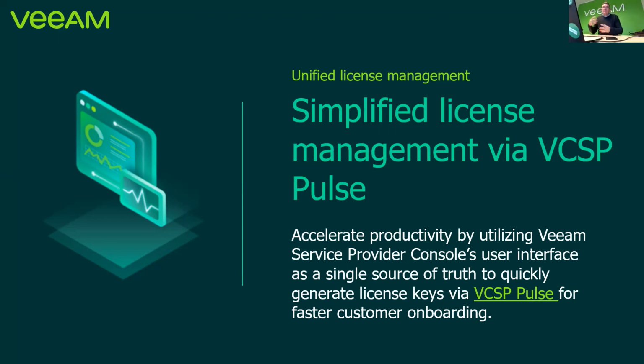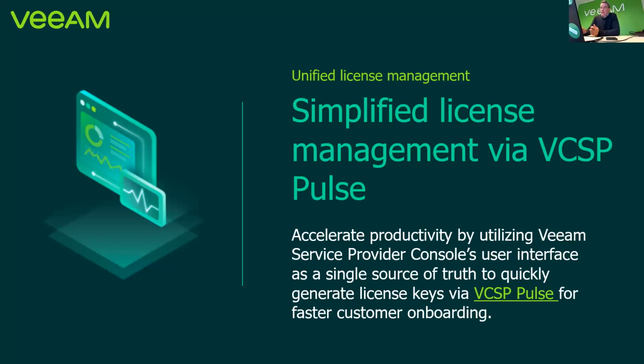So out of your service provider console, you can create licenses on the spot. Whenever your end customer needs, whenever you need it, you can cut licenses, no matter how many, for which product, everything is possible. Okay.